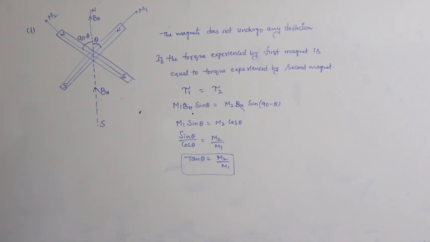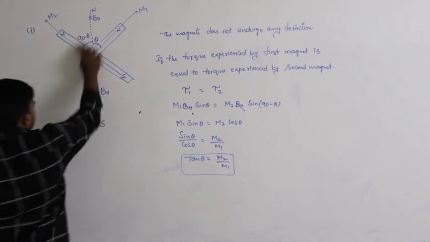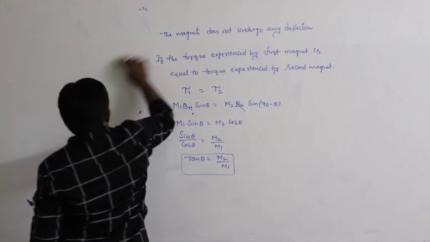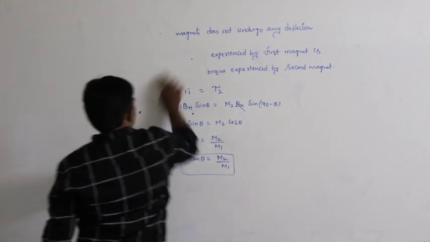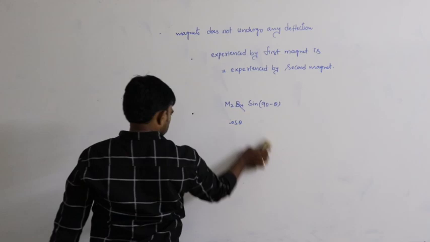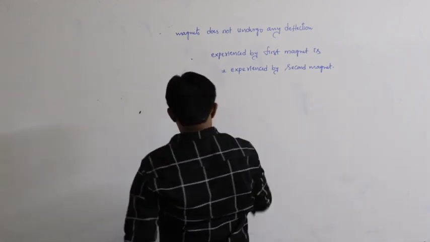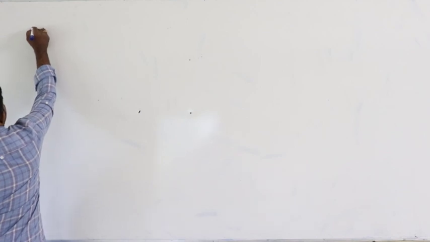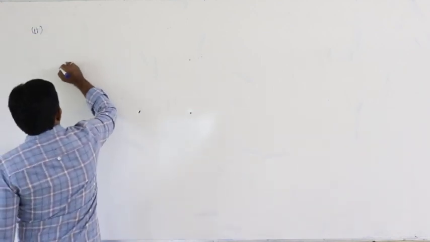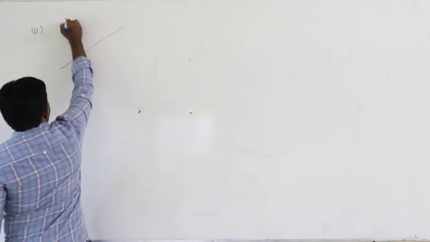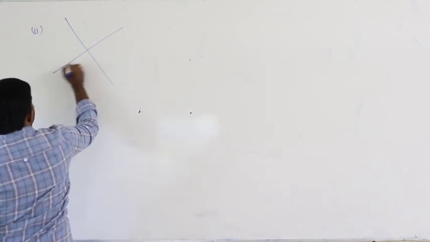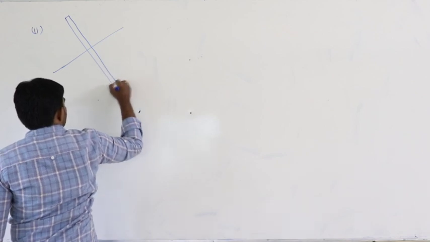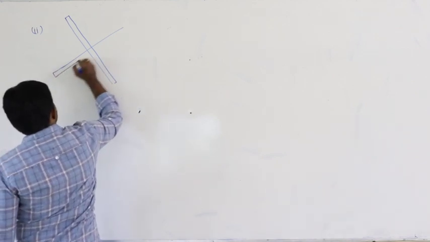I think we can discuss another situation here. So, second application. Let us say two magnets are arranged like this. This is one magnet and this is another magnet.